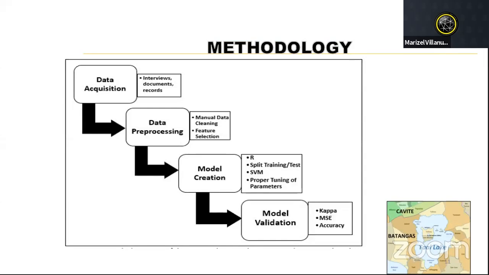In this research, I use different splitting of training and test data: 80-20, 60-40, and so on. I also consider the tuning of the parameters of SBM. And then for the validation of the model, I use the kappa and MSE, and then the accuracy.